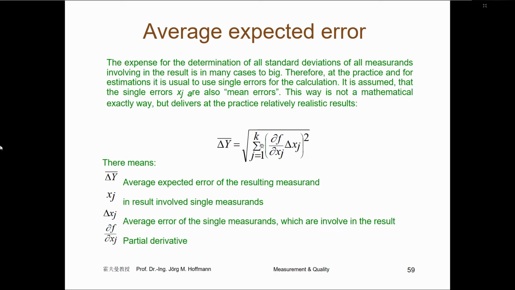And the influence of the mathematical connection is the same here as in the propagation of the standard deviation. When you have a value to the power of 2, then in this formula you also have a bigger influence for this squared standard deviation, squared error. So that would be the average expected error.